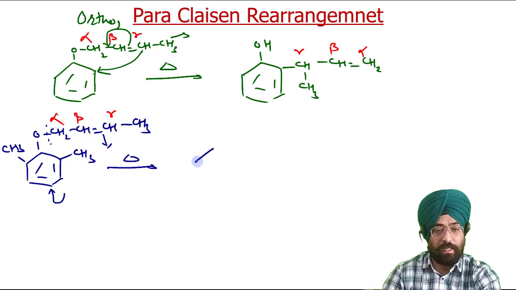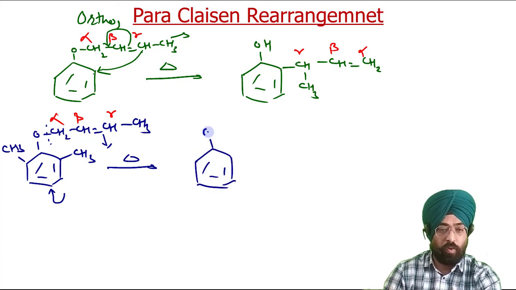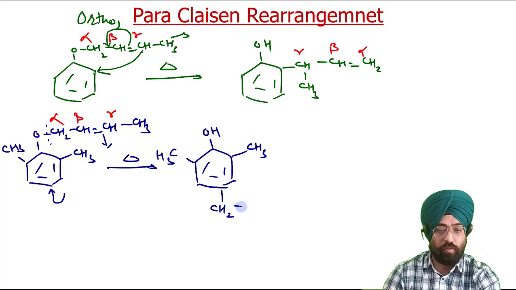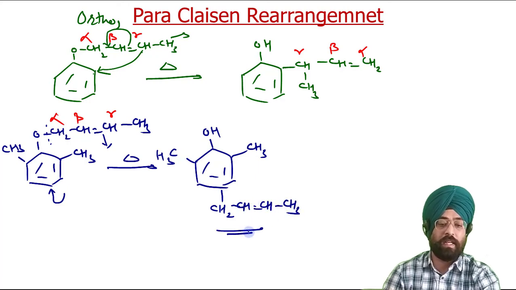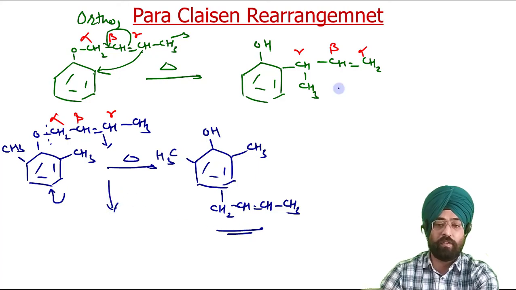So what I get is OH, CH3, CH3, CH2, CH double bond CH, CH3. So that is the product obtained from your ortho rearrangement and this is your para rearrangement.